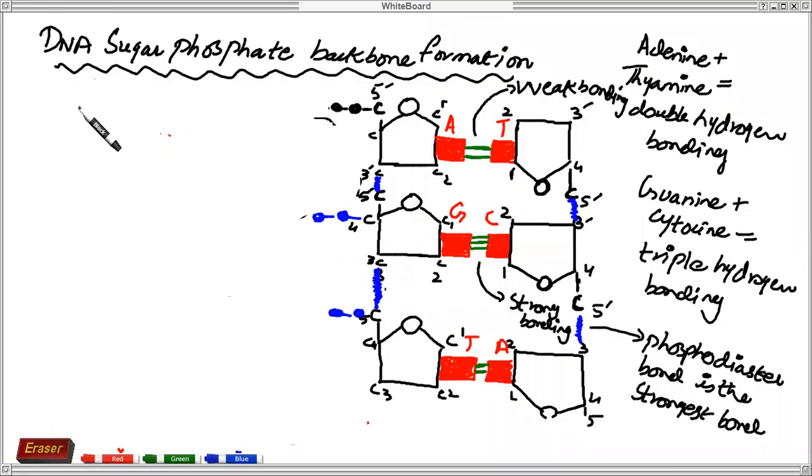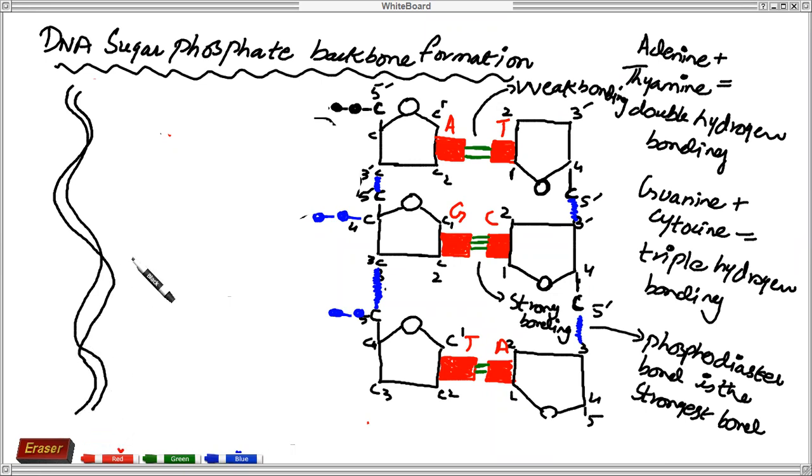Now, when we look at this structure of the DNA, we see that there is a double helix structure, right? Yes. Like this. And in between that double helix structure, nitrogenous bases are attached and bonded. Like this.